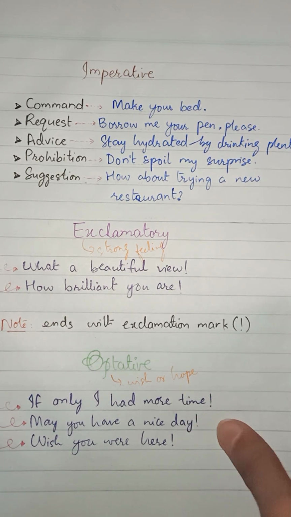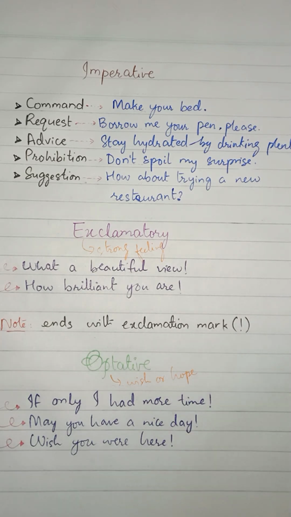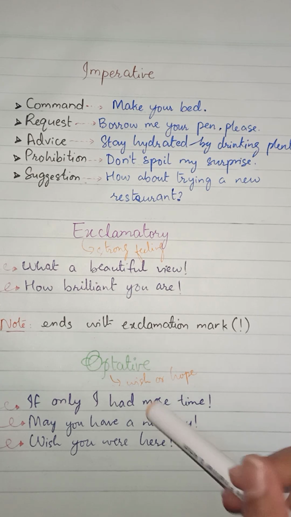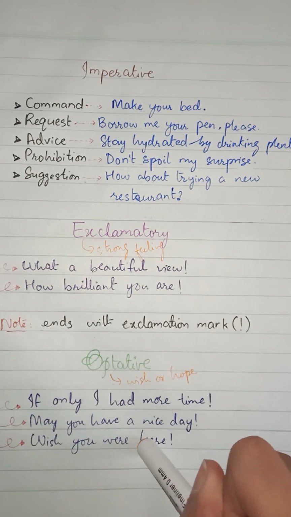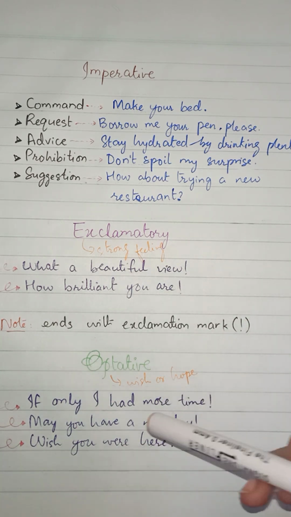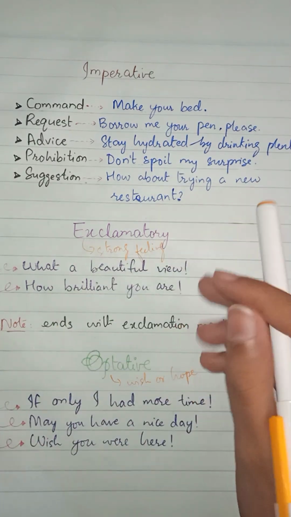Another example is, may you have a nice day. That's a wish. You are greeting somebody. And the last example I've stated here is, wish you were here. So these are the examples of optative sentences, and that's the wrap up for the definition of a sentence and all the types of sentence.